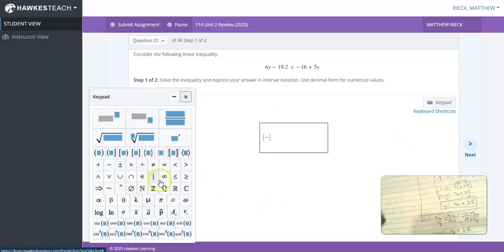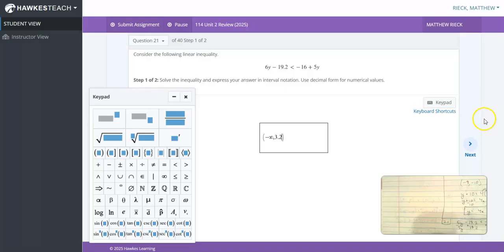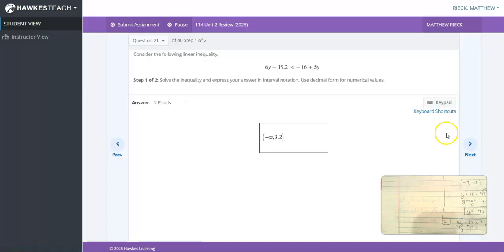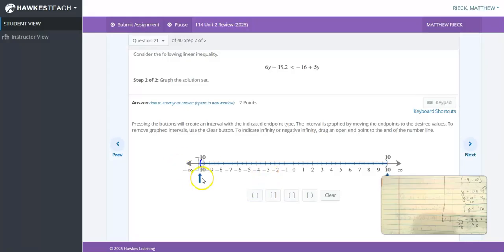Negative infinity, comma, 3.2. So again, we're going to have parentheses around both endpoints. There we go.